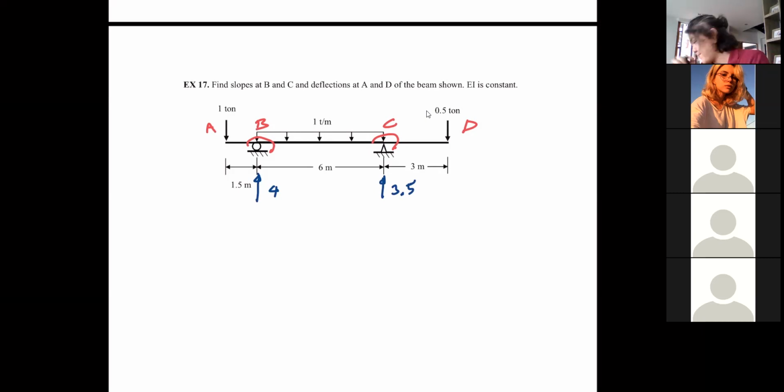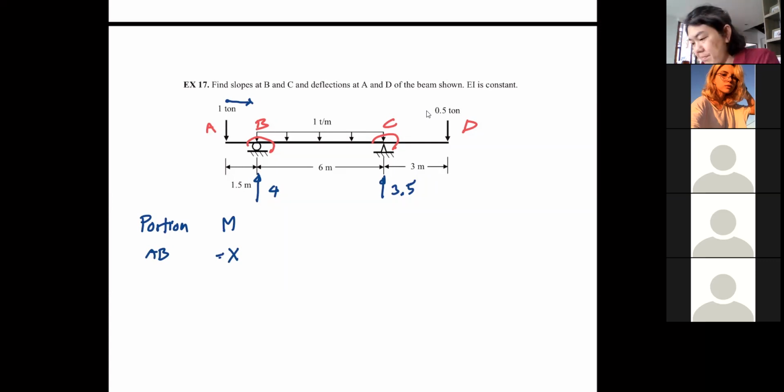So now the trick is that when you write for AB, let's see if I can squeeze everything in one line. Let's try. Portion AB. If you choose to do it from A to B, you must do so for all the load cases. Okay, so let's say my big M would be minus X, minus 1X, right?